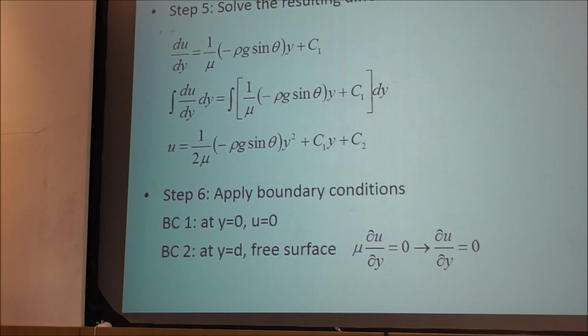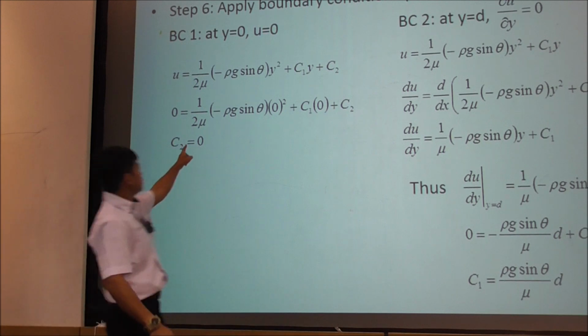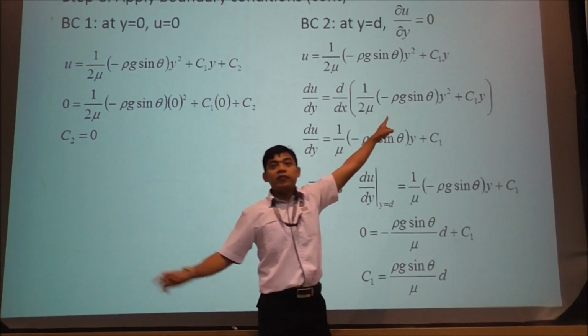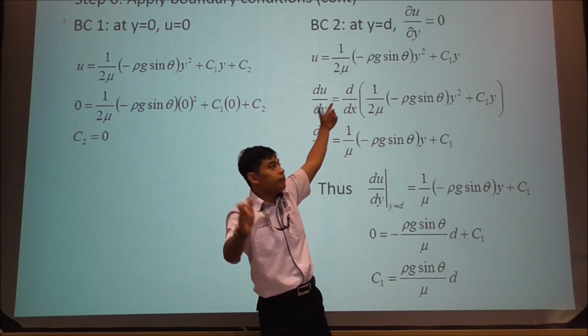Now in this case, it is not u, it is du dy that is 0. So you take the derivative of it. Your C2 is equal to 0, so you don't have any C2 there. Even if you have C2, when you differentiate it, C2 will be gone. So it doesn't really matter.